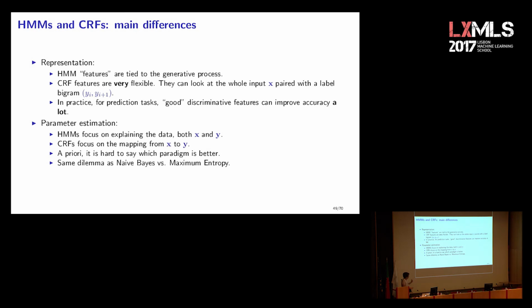But if you are going to be evaluated in terms of the mapping, then Vapnik, the inventor of SVMs, came in the late 80s, early 90s saying, if you want to do well on the mapping, focus on it and don't focus on this. This is a much harder problem. Modeling two things is harder than modeling one.